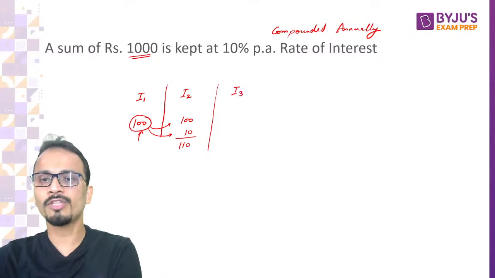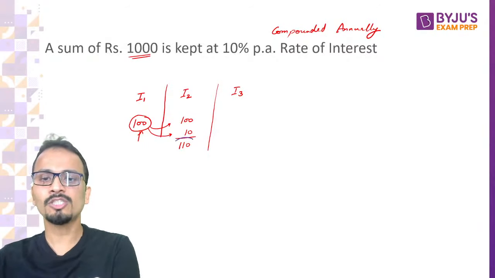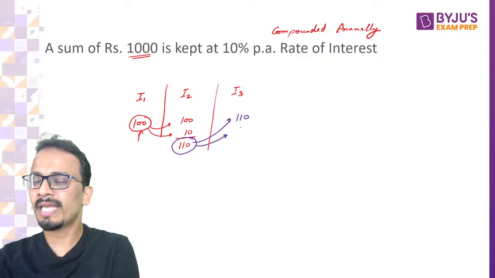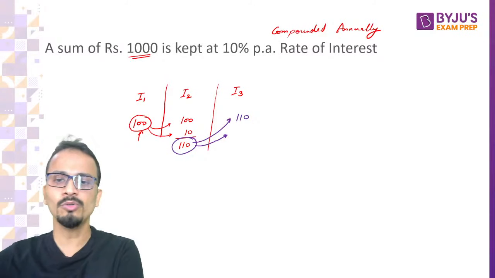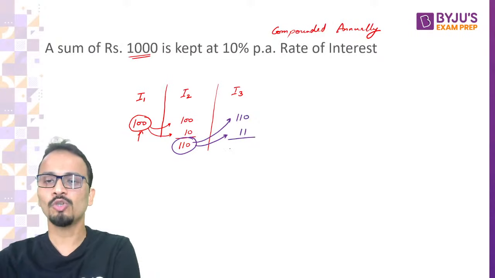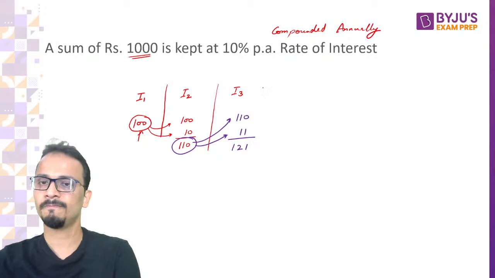So the interest of the third year, this is what I have to calculate. I'll just copy this value, 110, and then calculate interest on this value. So 10% of 110 is 11 rupees, so the interest will be 121 rupees for the third year.